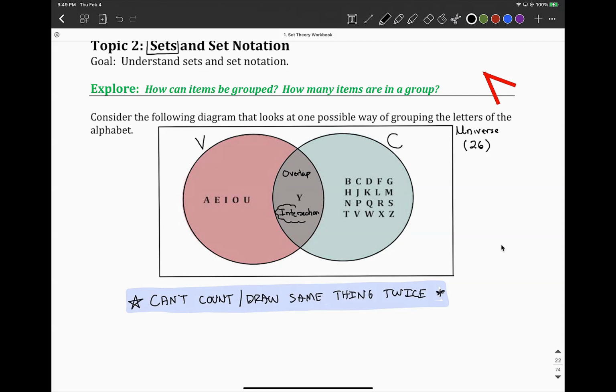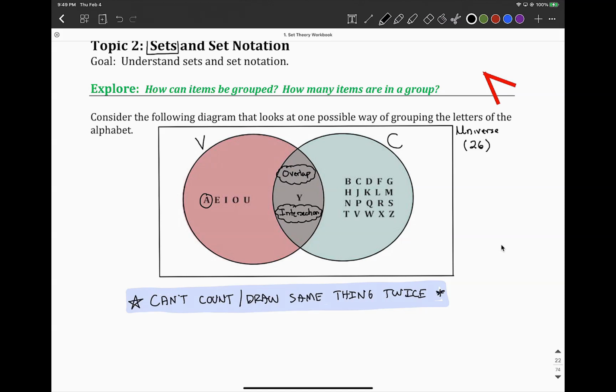Not all Venn diagrams have overlaps, but a lot of them do. It creates more interesting questions. Because we can't draw the same thing twice, we're forced into this. Now, A, for example, is never a consonant, which is why it's defined in the space that we would call only a vowel.